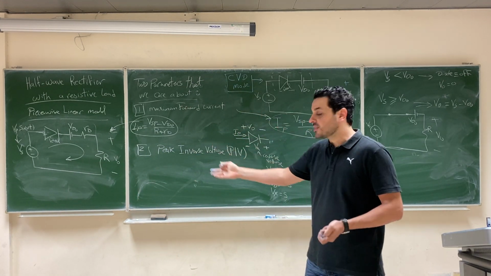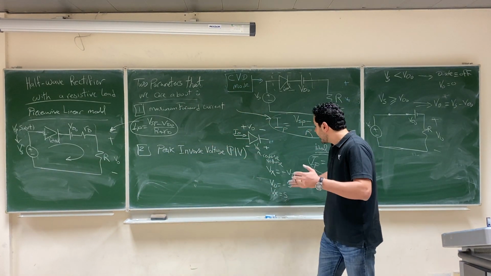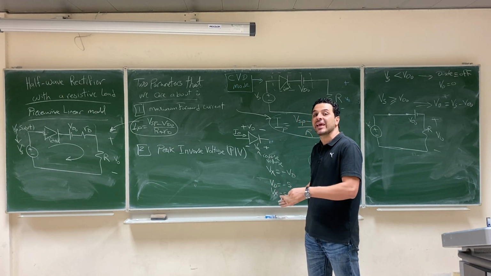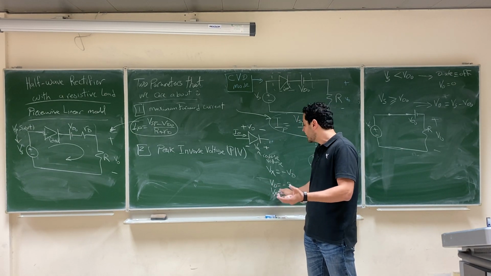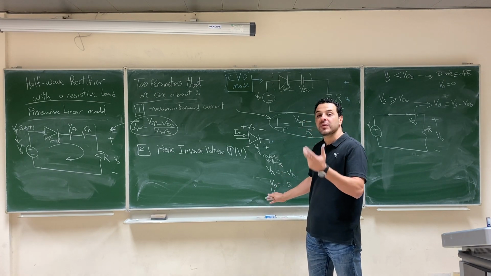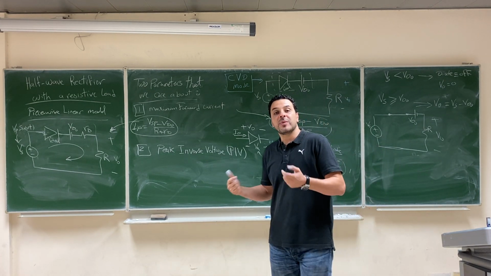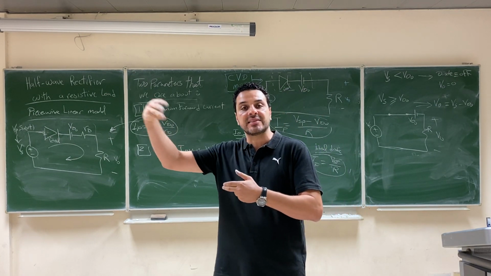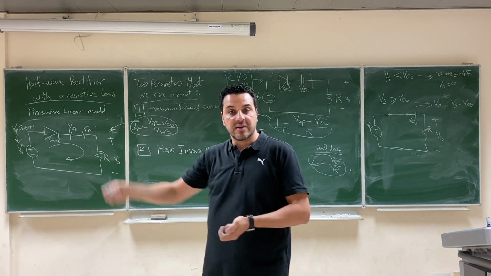We calculated the maximum inverse voltage that can affect your diode to be 5, so you have to buy a diode that doesn't break down up to 5. It has to break down later, like at 7 or 9 or 10, right?